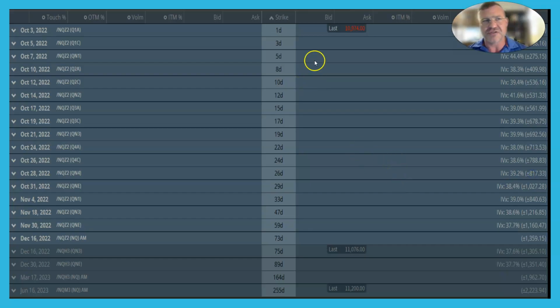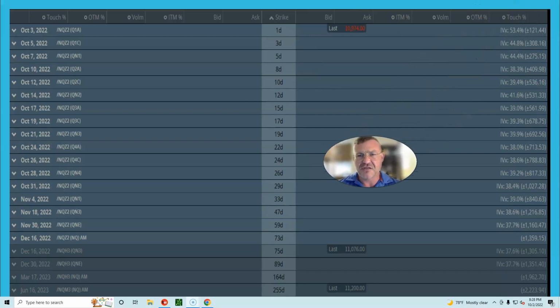How do you place these orders? You're going to place them on the option chain. So this is an option chain, and this is on Tastyworks. It might look a little different on Thinkorswim or TD Ameritrade or Webull, wherever you're at, but it's generally the same.